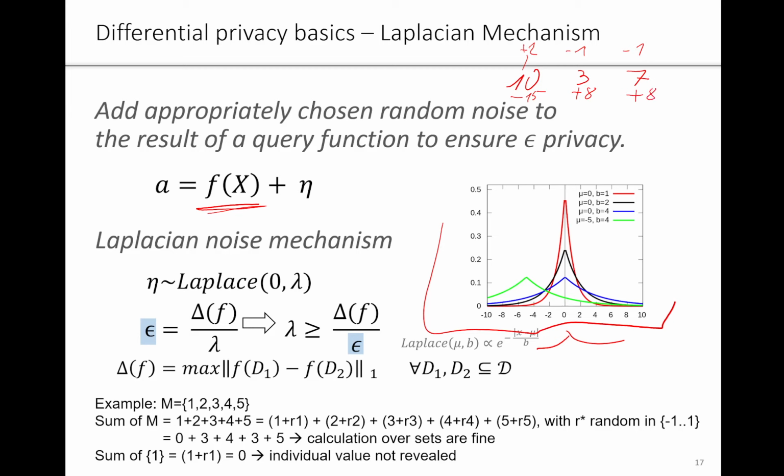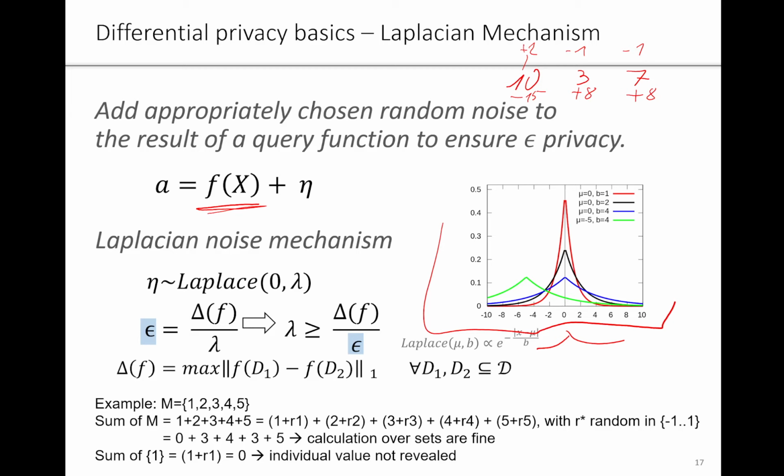So that at the end, if we compute the sum over all numbers, if you give some kind of random number, plus or minus, equally distributed to all numbers in that set, the sum on average, as expected, will be the same.